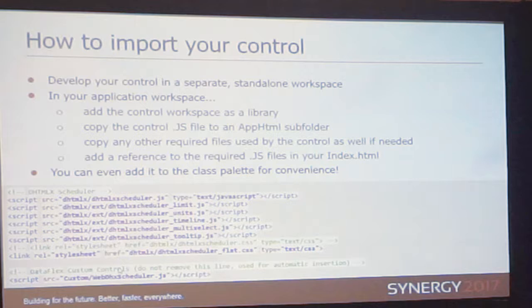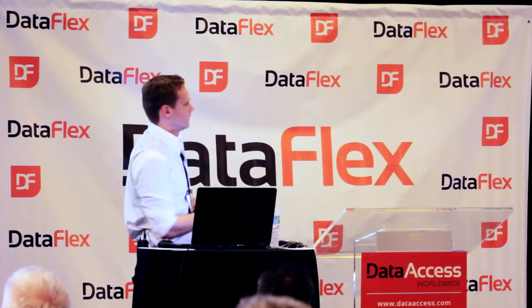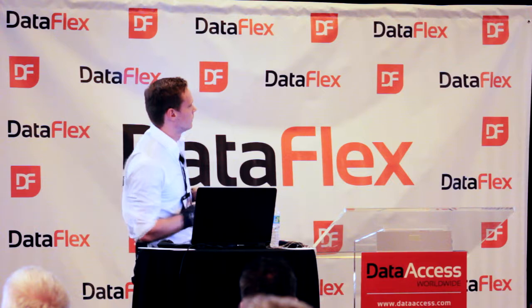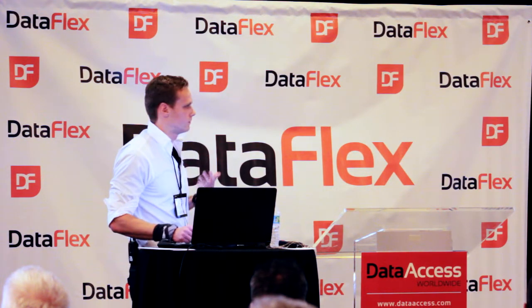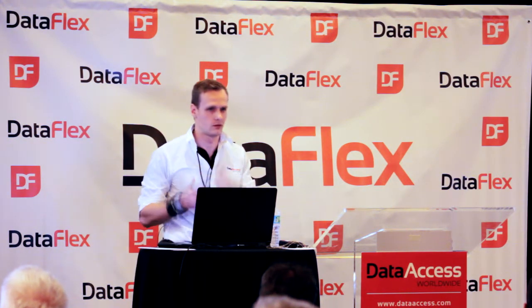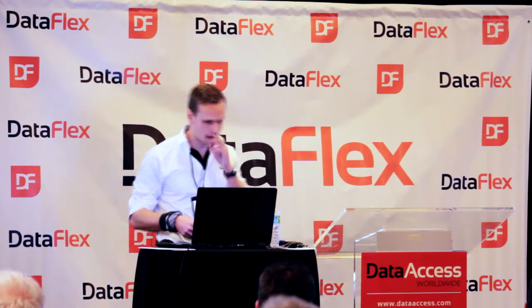And this workspace should only contain the custom control package file, so your class, your JavaScript file, and if you're wrapping a library, any resources required by that library, so the JavaScript files, the CSS files, things like that. Then in your application workspace, you'll be adding the control workspace as a library, and you'll be copying the control JavaScript file to any app.html subfolder of your choosing. Then you'll also copy any other required resources, so CSS files, and again, if you're wrapping a library, copy all those JavaScript files as well.